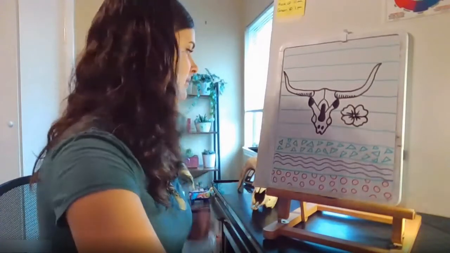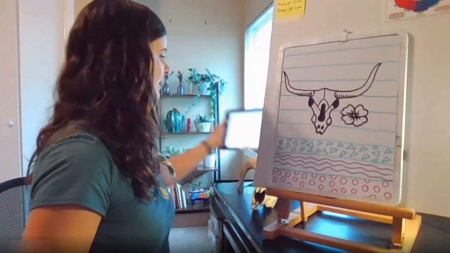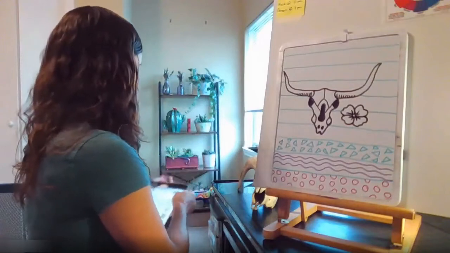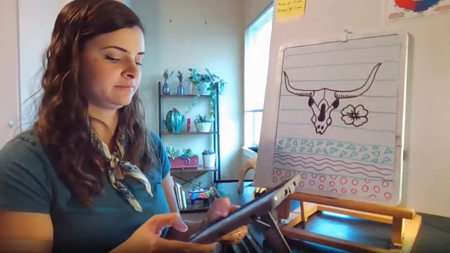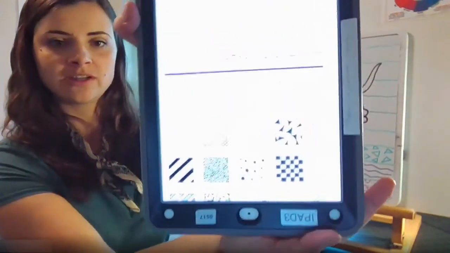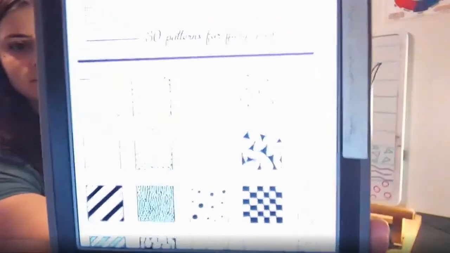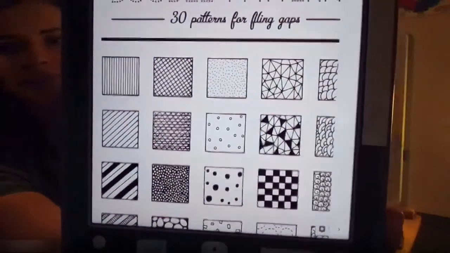Let's see another pattern. I'm going to look at a pattern worksheet that is available in the lesson plan. It looks something like this. So I just found this online for some inspiration.